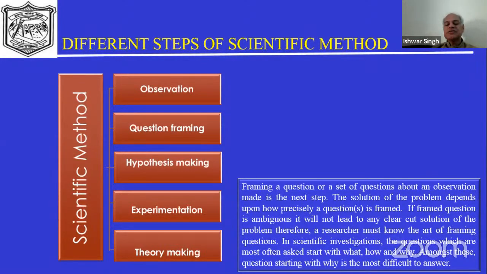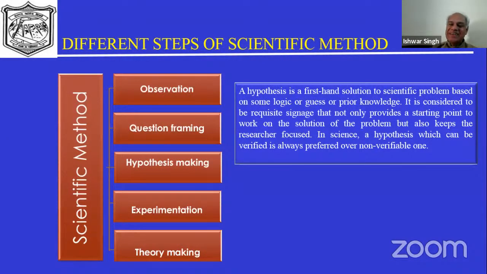Although this term appears very complicated, in actual words this hypothesis is nothing but a probable answer to the question you have raised. So when you are giving a predictable answer to your raised question, we call that particular stage of scientific methodology hypothesis making.